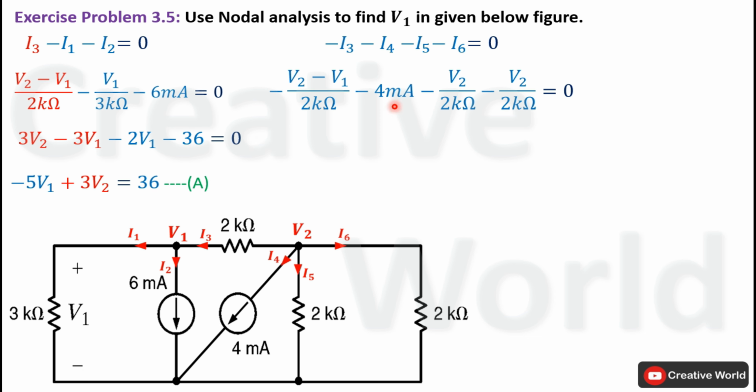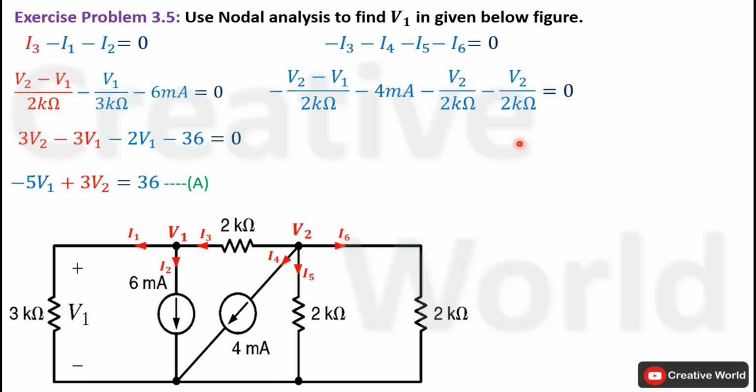I4 is equal to 4 milliampere because of the constant current value, while I5 is equal to voltage across this resistance divided by the value of resistance, V2 divided by 2 kilo ohm. Similar case will be with this I6 because V2 is appearing across this 2 kilo ohm resistance. So current I6 will be equal to V2 divided by 2 kilo ohm.